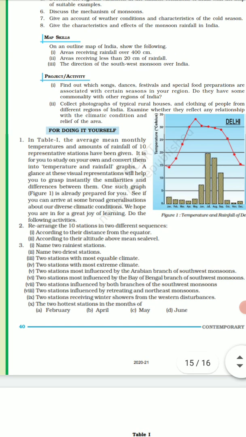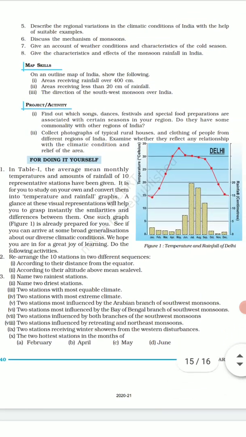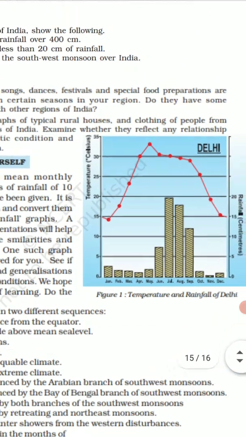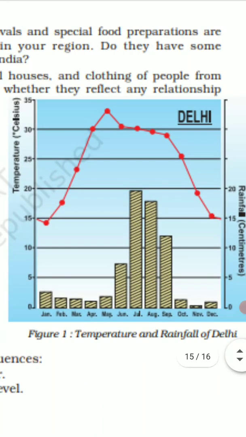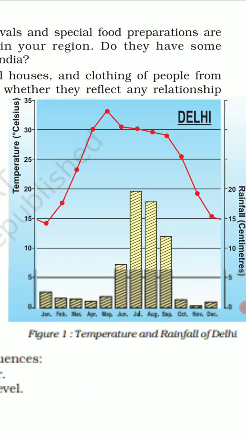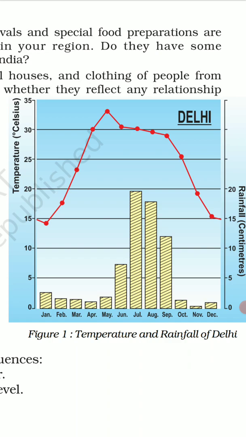Now, I will move to the question number 1, graph. Could you see here? It is the graph of Delhi they have given on page number 40. It's a twin graph. It is showing 2 readings. Line graph is used for showing temperature, correct?